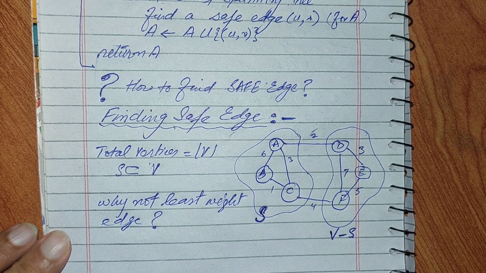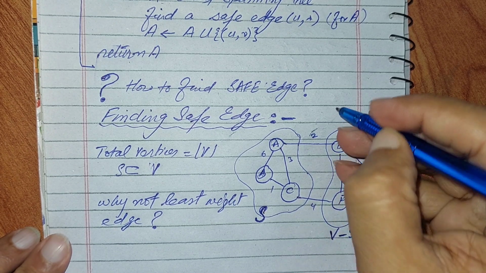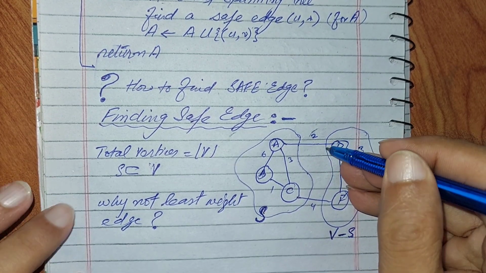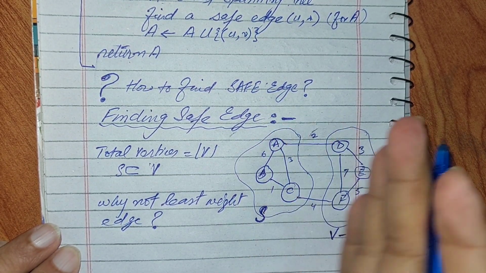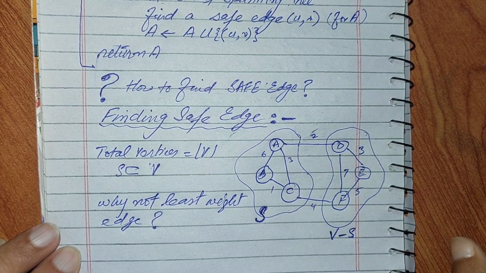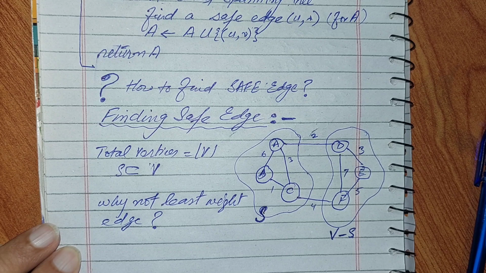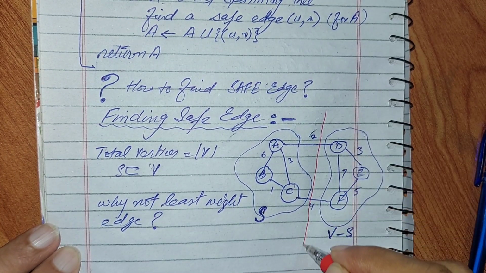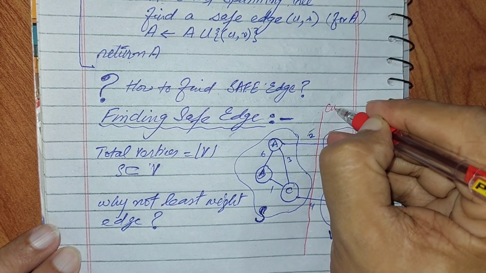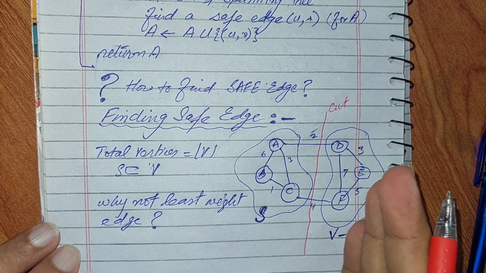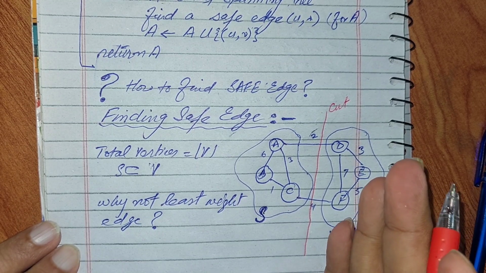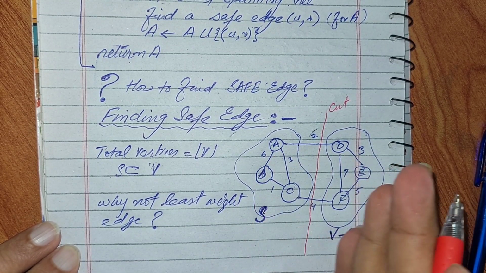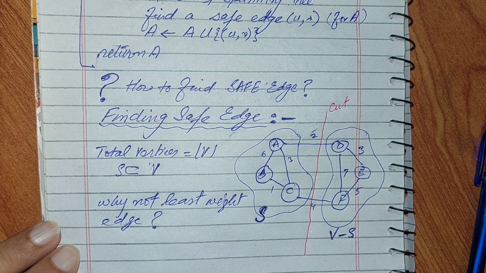How to find a safe edge? Continuing the same thing, we can distinguish between these 2 sets S and V minus S with a cut, and suppose this is the cut. This cut divides the graph into 2 parts, one is S and one is V minus S, and obviously these 2 sets are disjoint sets.